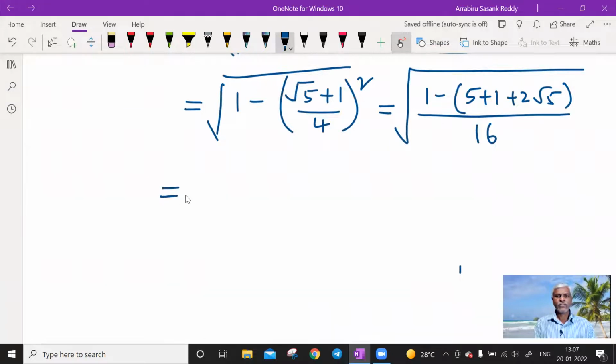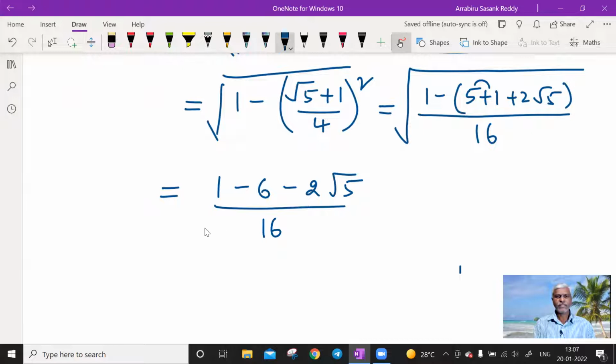This is equal to 1 minus (5 plus 1 is 6, plus 2 root 5) by 16.